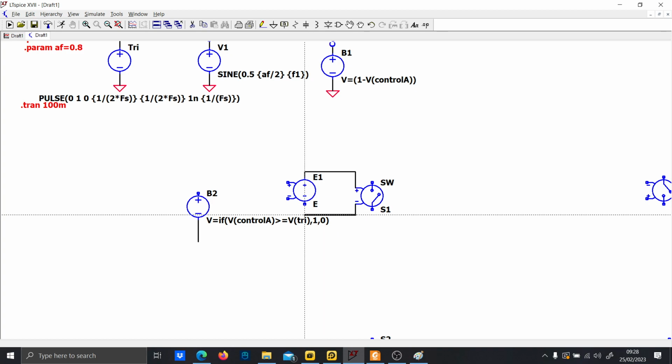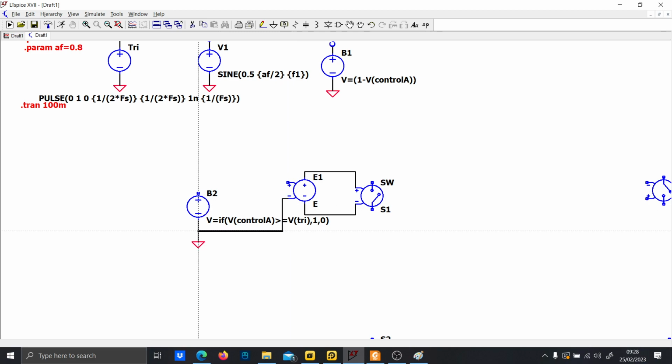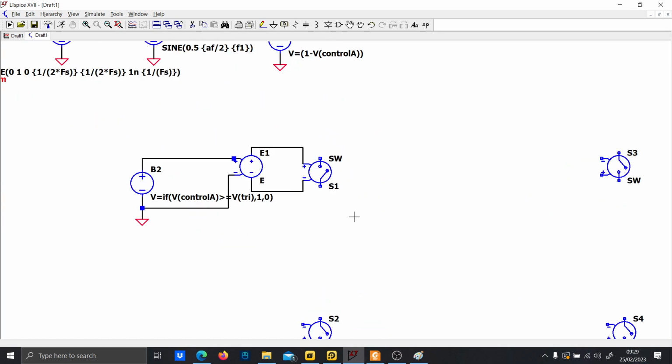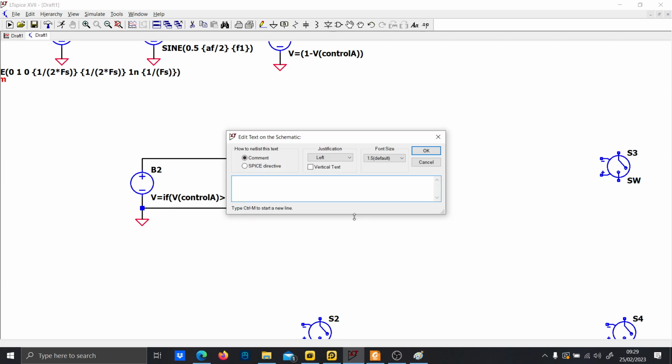So now we are going to replicate this for each. This is grounded, but this node here is not grounded, because remember, this is a high side switch. So now you have the .model switch.